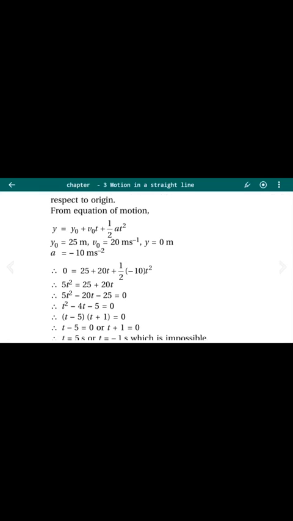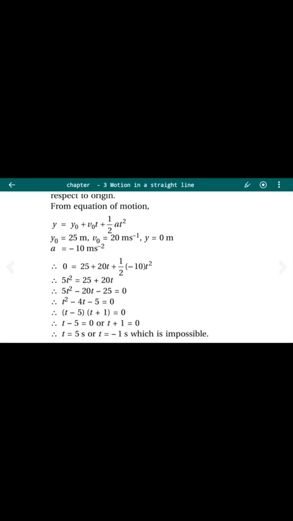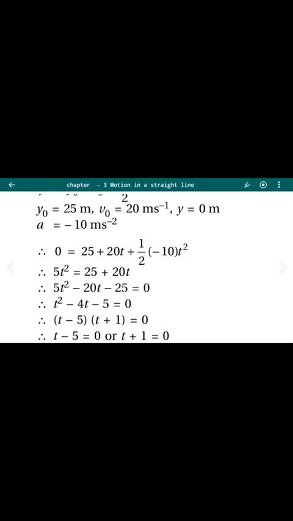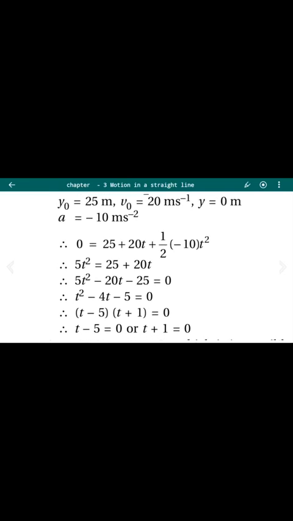So substituting those values in the equation, we get 0 equals 25 plus 20t plus half into minus 10t square. So the equation becomes 5t square equals 25 plus 20t. Taking 25 and 20t on the left hand side, it becomes 5t square minus 20t minus 25 equals 0.